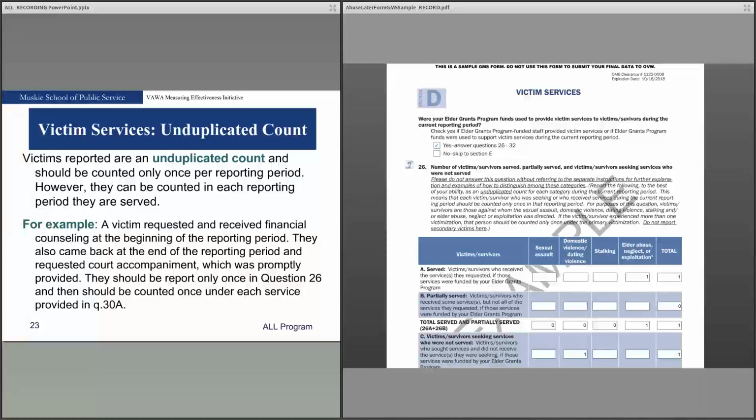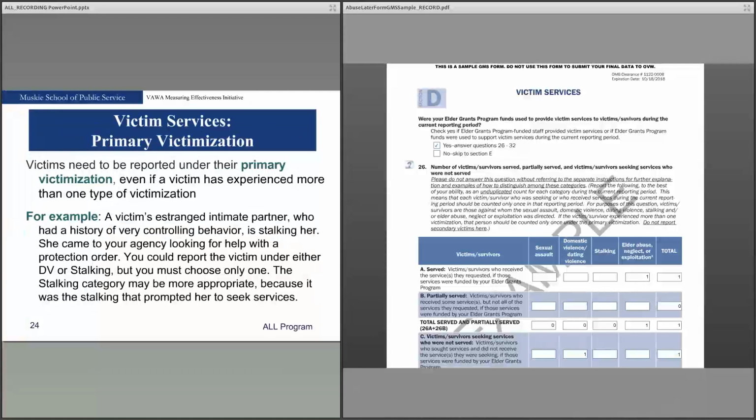They should be reported only once in question 26 and should be counted once under each service provided in question 30A. However, if they then returned in the July to December reporting period, you could count that person again on the July to December report.